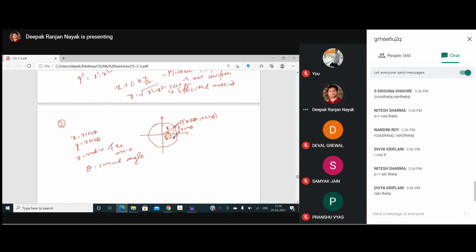Then theta will be stepped from 0 to pi by 4, and each value of x and y will be calculated accordingly. However, the computation of those values in terms of sine theta and cos theta is even more time consuming.